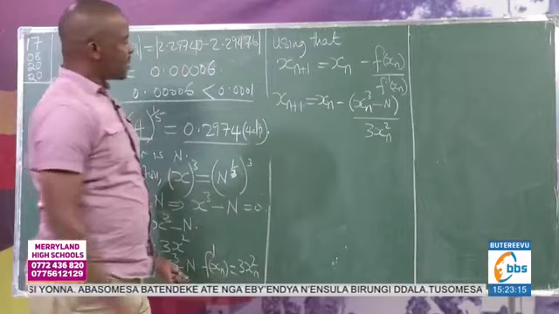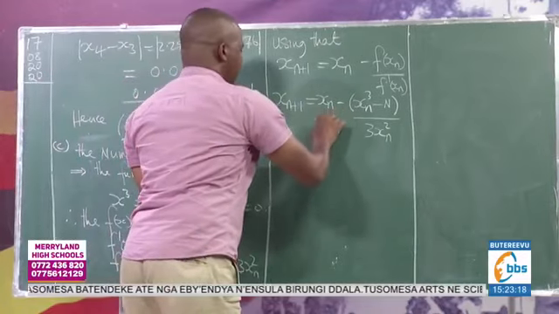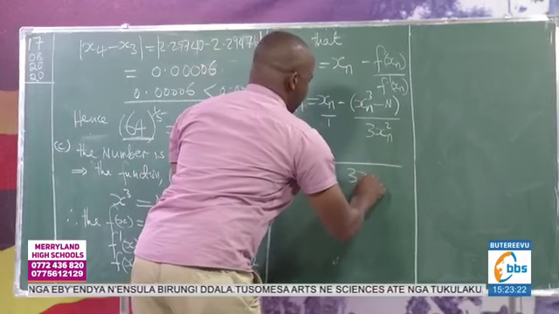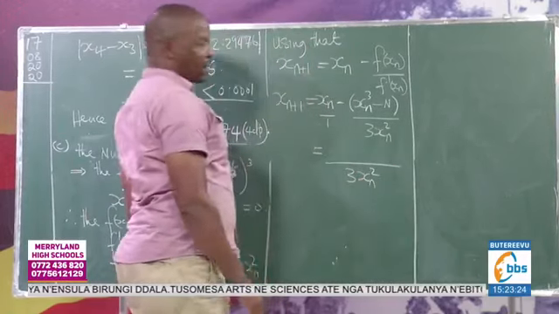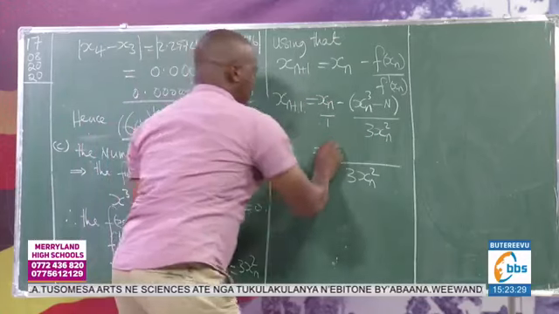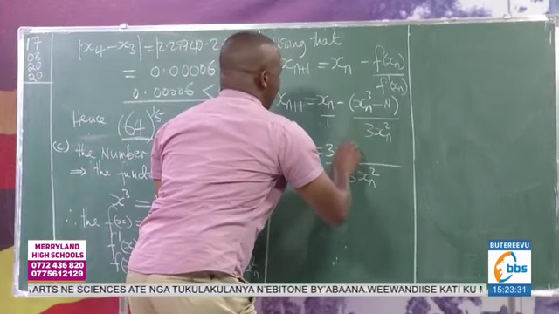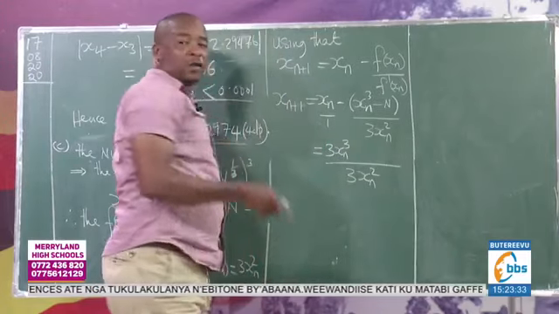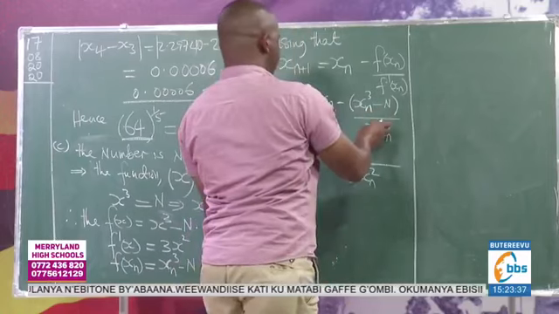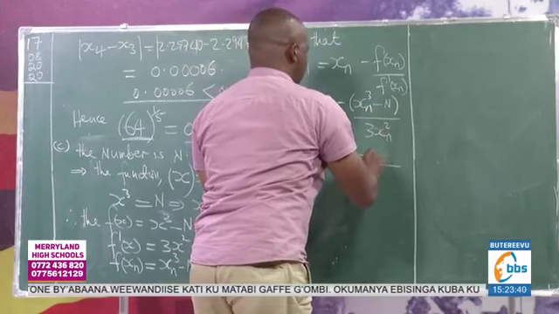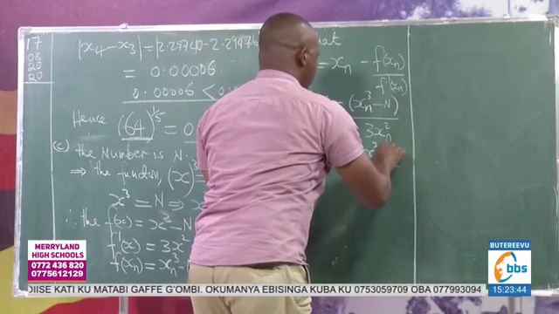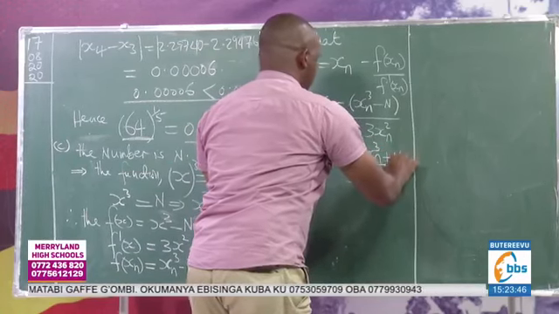We do the mathematics of putting it under a common LCM, and our common LCM is 3xn squared. If we divide 3xn squared by 1, we shall get here 3xn cubed. So 3xn squared times xn minus, this will just stay the same, but the integers knowledge will come into play, where the n will become positive.